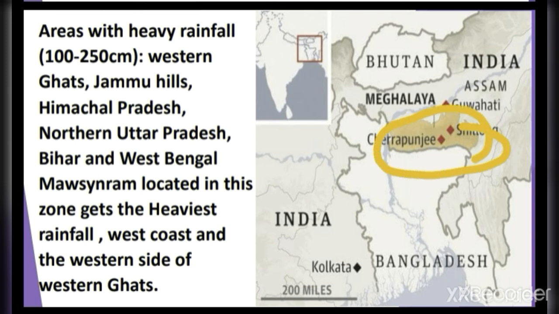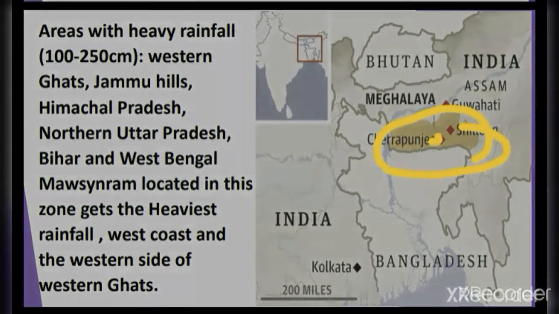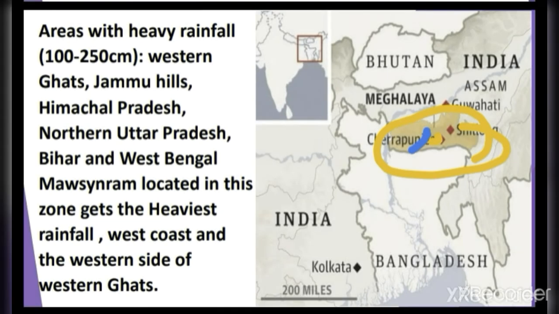This is the area of Meghalaya near Cherrapunji, Mawsynram, which gets the heaviest rainfall in India.